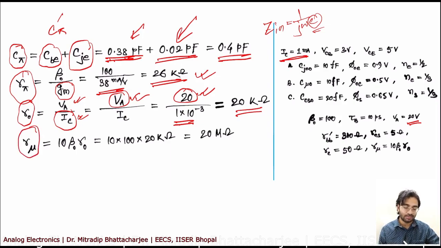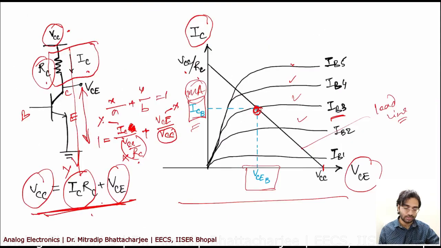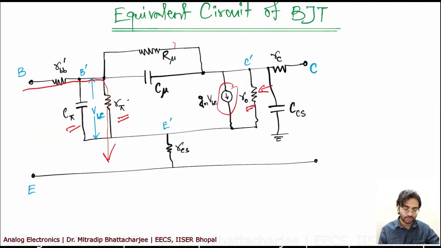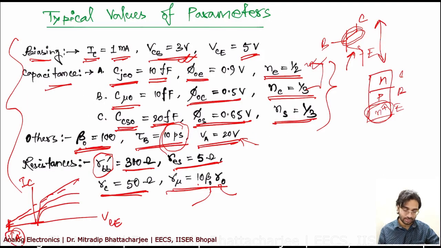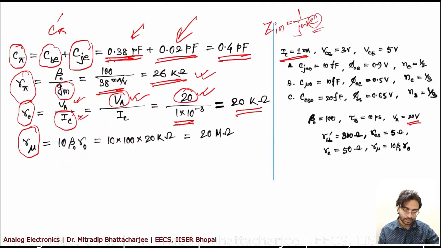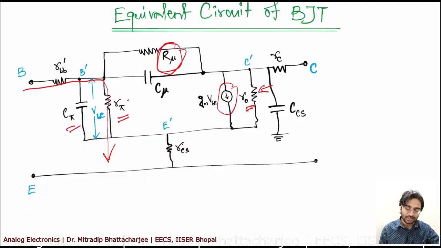But which one is R mu? R mu is this value, right? So the R mu value will be 10 beta 0 R0. So you have beta 0, you have R0, which is going to be 20 mega ohm. So it's a very big, very high resistance. In that case, I think you can neglect R mu.